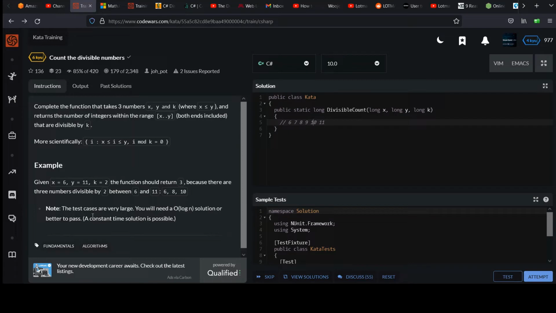This note is important. The test cases are very large. I did confirm that. You'll need a big O of log n solution or better to pass. A constant time solution is possible.